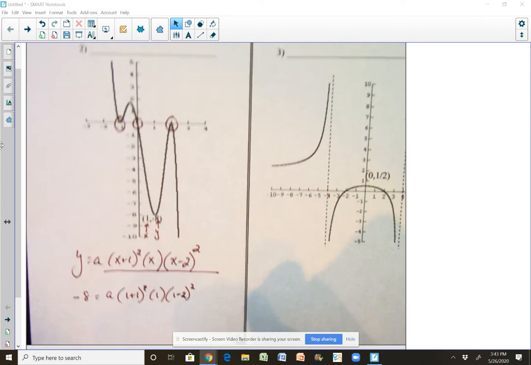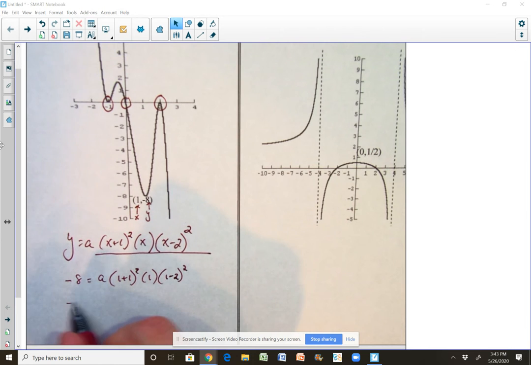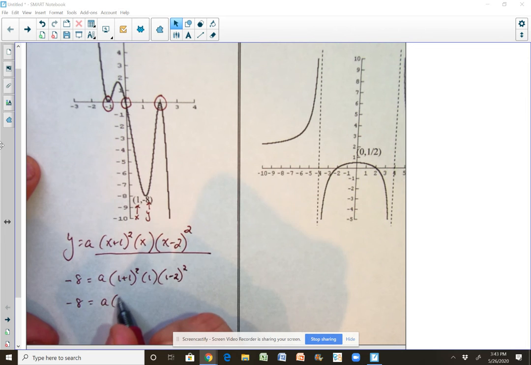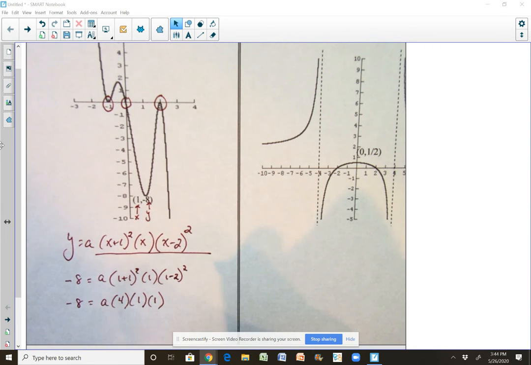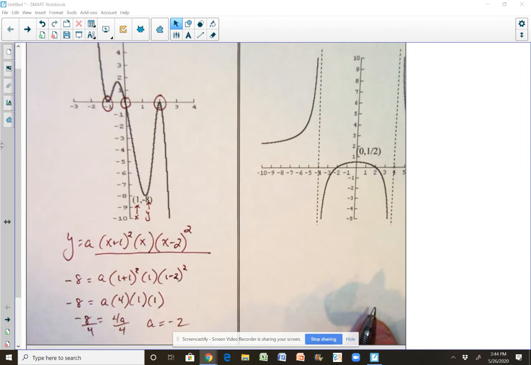And so as you work through that, you'll get negative 8 equals a times 2 squared, so that's 4, times 1, and this is negative 1 squared. So that's going to turn out to be positive 1. And so negative 8 is equal to 4a. And if you divide by 4, you get a is equal to negative 2.